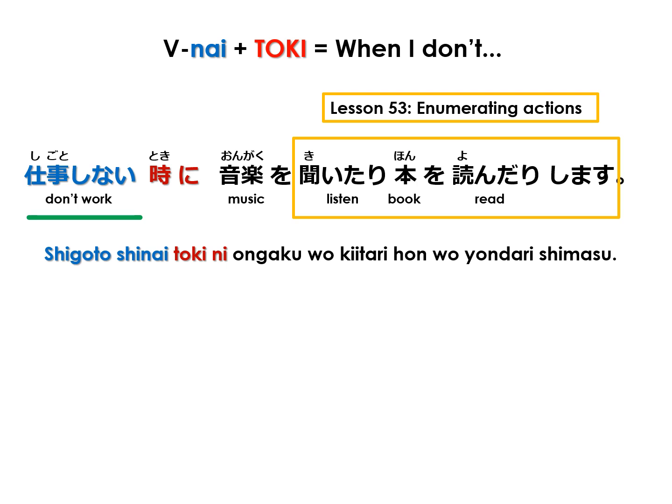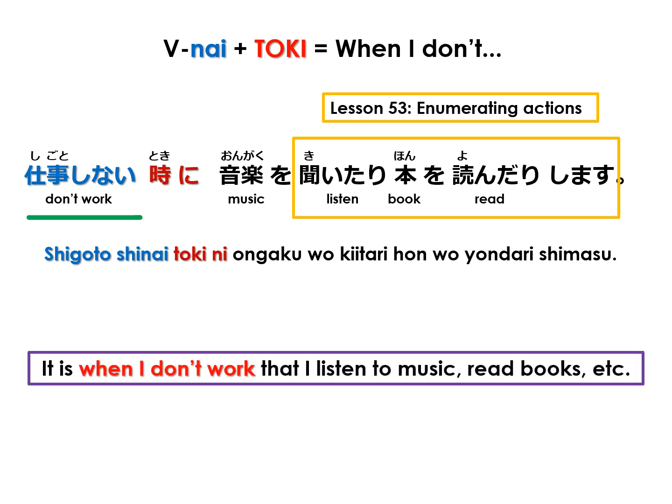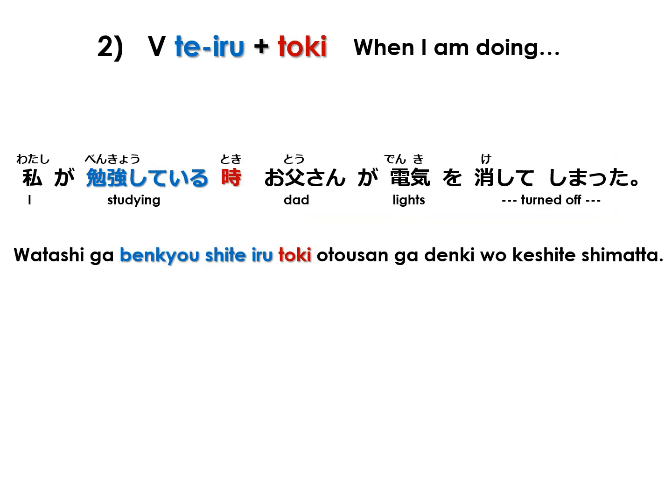We learned this in lesson 53. In English, the whole sentence means, it is when I don't work that I listen to music, read books, among other things. Our next example is te-iru toki, when I'm doing.